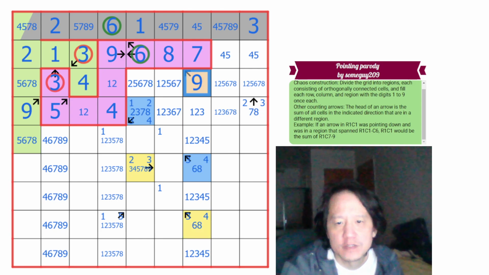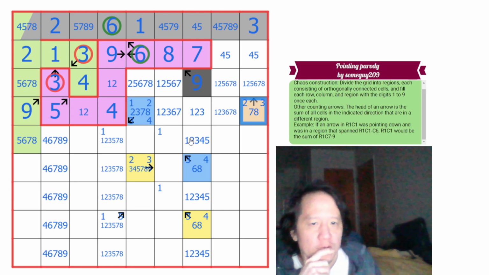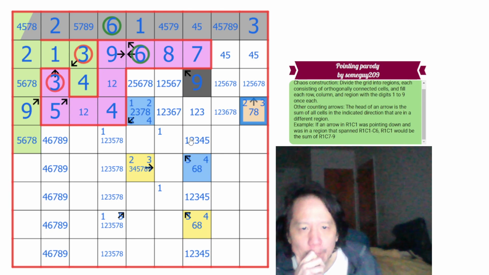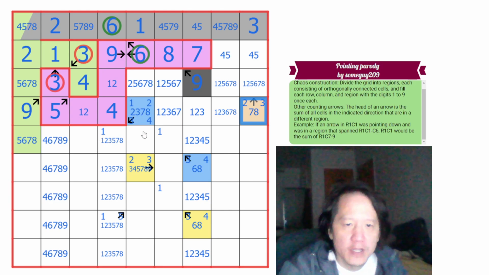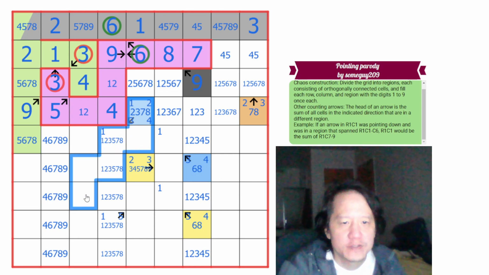Let's make this dark. And we'll make this orange. But they could be the same. How many can this actually see? So 1, 2, 3, 4, 5, 6, 7.